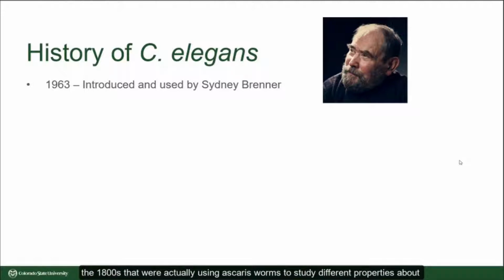There was a group in the late 1800s that were using Ascaris worms to study different properties about horse gut. But it was really Sidney Brenner that pioneered the use of C. elegans.